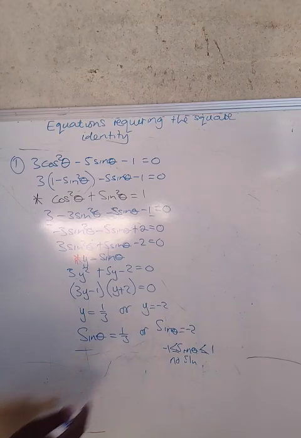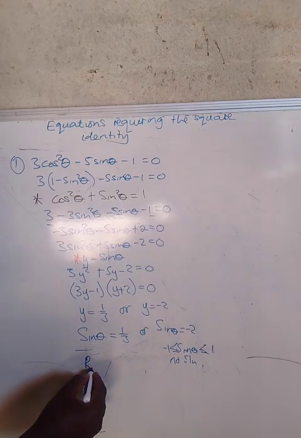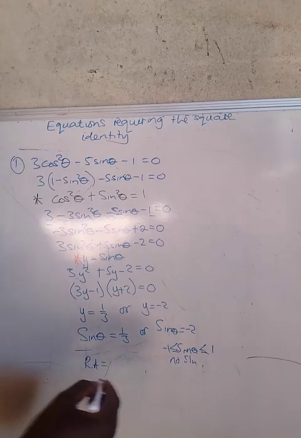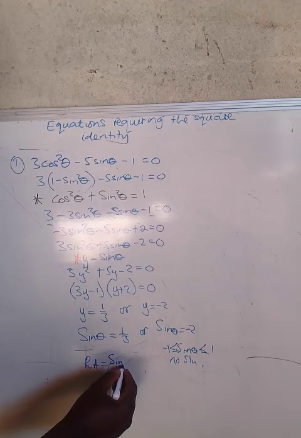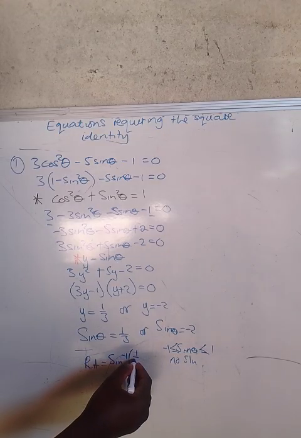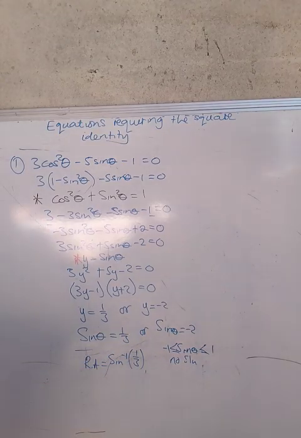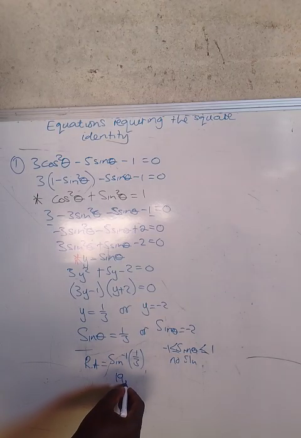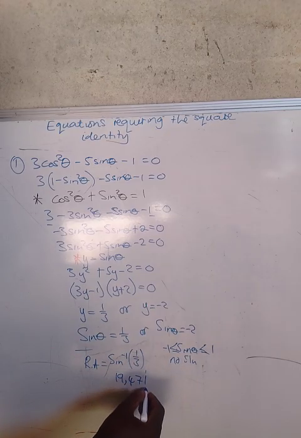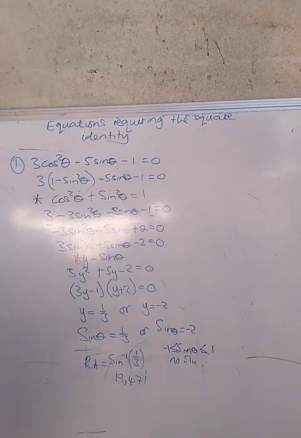Now sine theta is equal to 1/3. We find the reference angle here. The reference angle, we are going to say arc sine 1/3. What are we going to get there? We are going to get 19.471. I'm not rounding it off yet because I haven't reached the final answer.